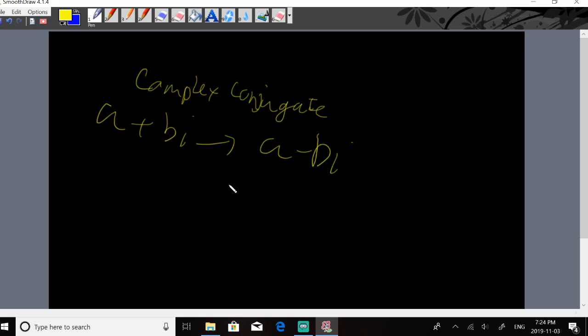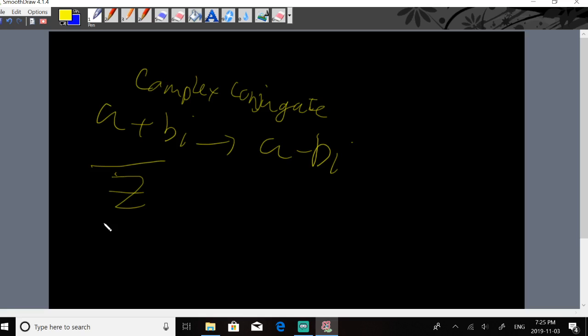The product of a complex number and its conjugate is a real number. Symbolically, we represent the conjugate with a line over the top of it. That's conjugate.